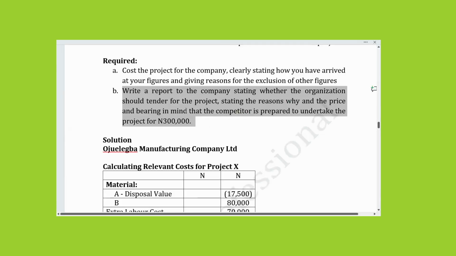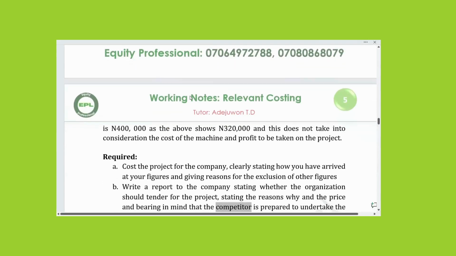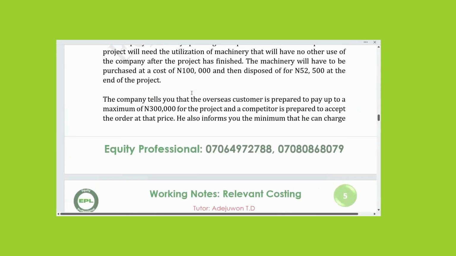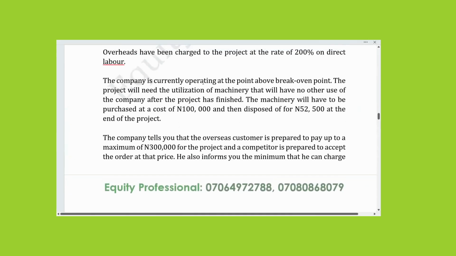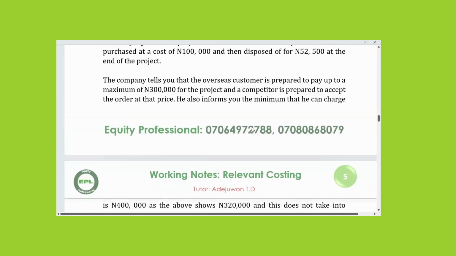So you also need to include that the competitor is willing to take the project. If they don't accept it, what will happen? Not only that, you are told that the company is currently operating above break-even point, which means that the company is profitable. So you also need to include that in your report. These are the information that the examiner expects you to incorporate in that report.